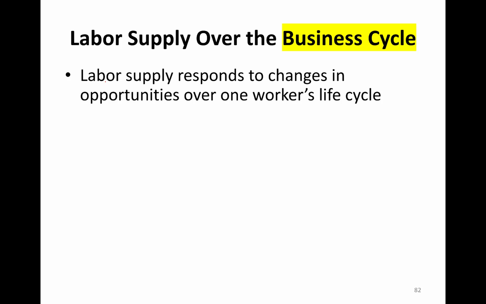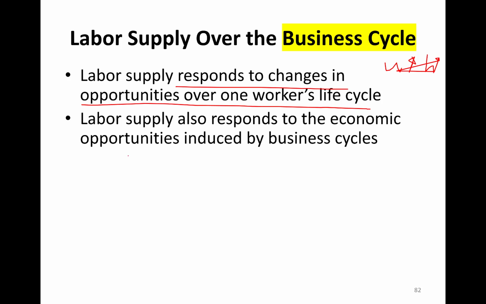In the previous part, we started talking about labor supply over the business cycle, and we said that labor supply will respond to changes in opportunities over one's life cycle. So wages go up, then your hours of work will go up, and vice versa. Labor supply also responds to the economic opportunities induced by business cycles.